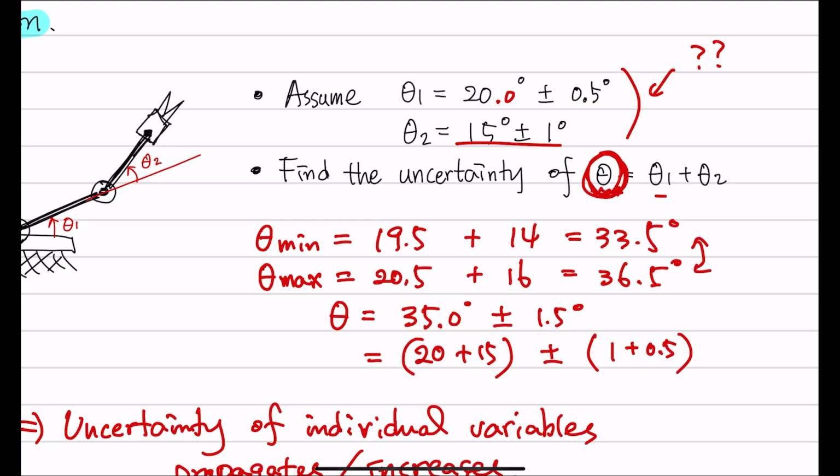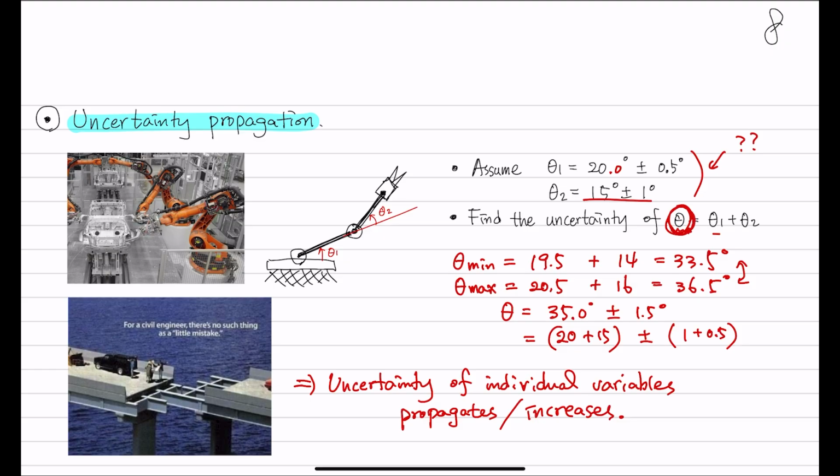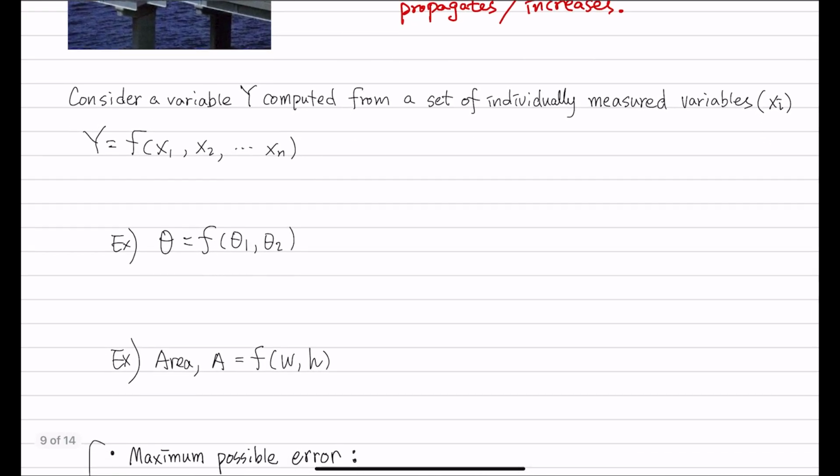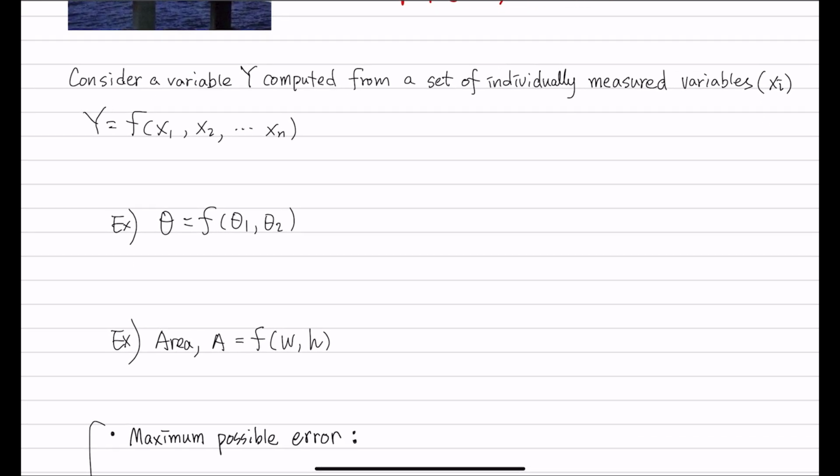Okay. Good point. On the other hand, unfortunately, it's not this simple, and that's coming down here. Let's consider a variable, let's call it y. This is computed from a set of individually measured variables, and let's call them x of i's. Your y is a combination of these x's, x1, x2, up to x of n.